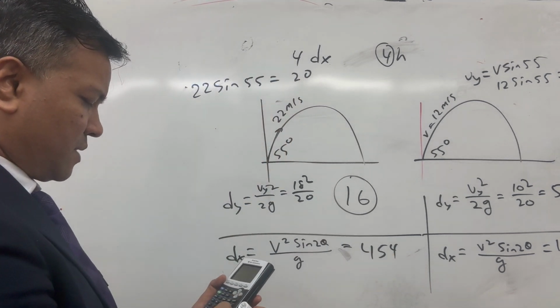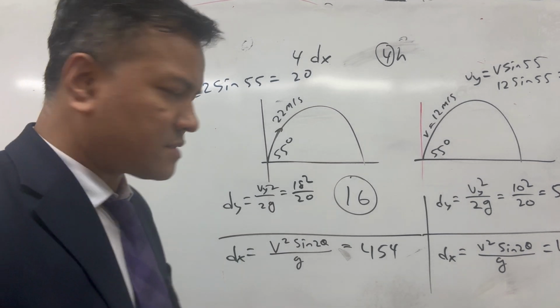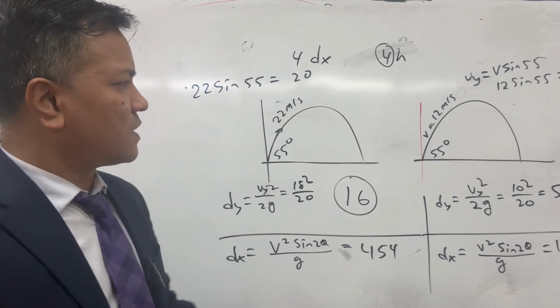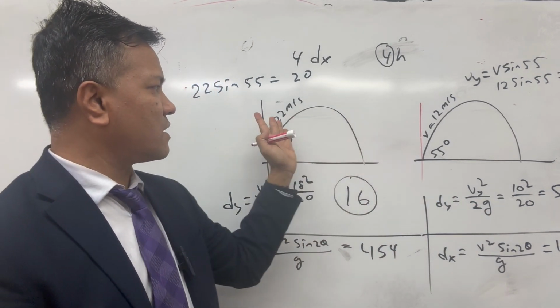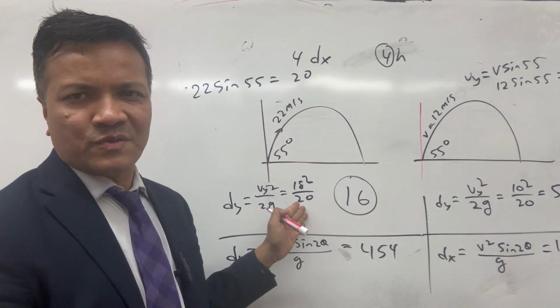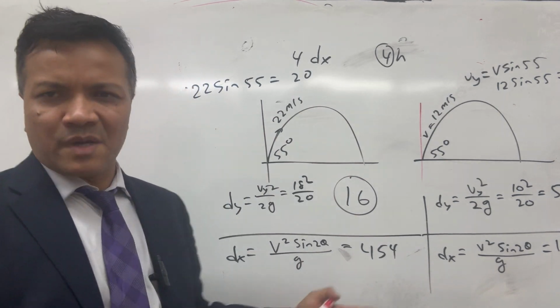So 454 divided by 135, oh yeah, it's about 4 times. This goes by more than 3 times. If you double the velocity, the height goes up by more than 3 times. If you double the velocity, the displacement goes up by more than 3 times.